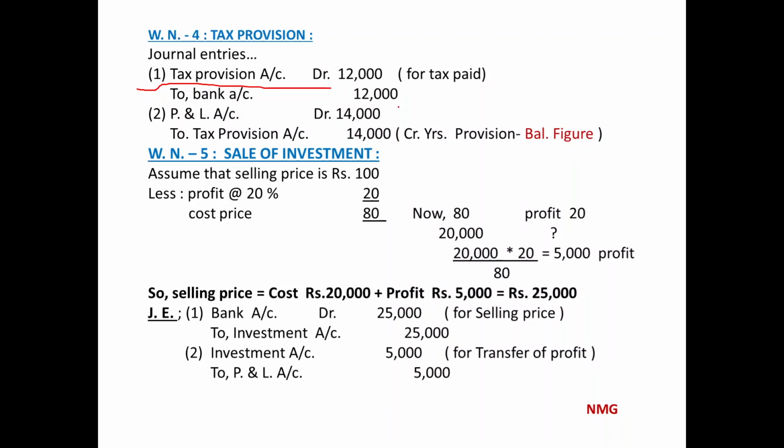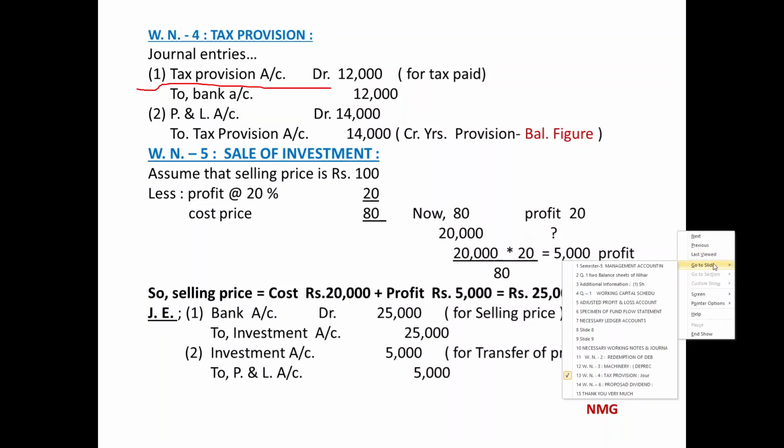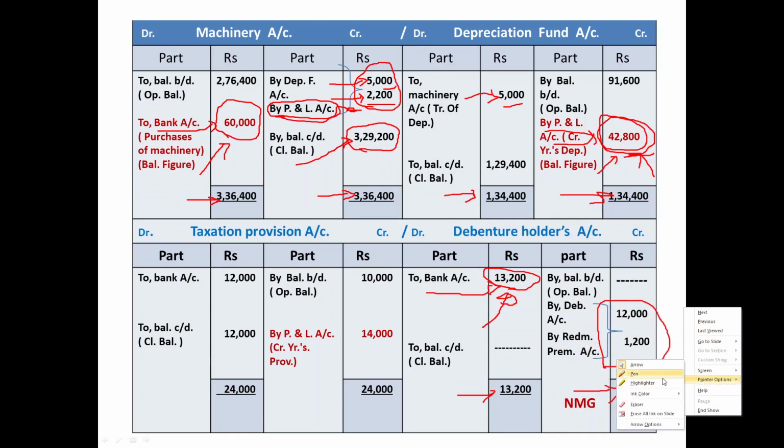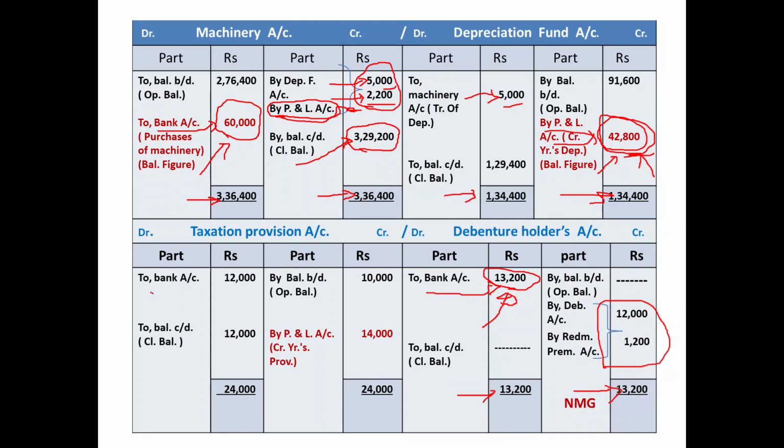And then closing balance which was there in that account. Let us verify that account first and then we will think about the second journal entry. Have a look in the income tax provision account. Posting of journal entry, tax provision account debit to bank account credit. Close the account. Debit side looks bigger, 24,000.